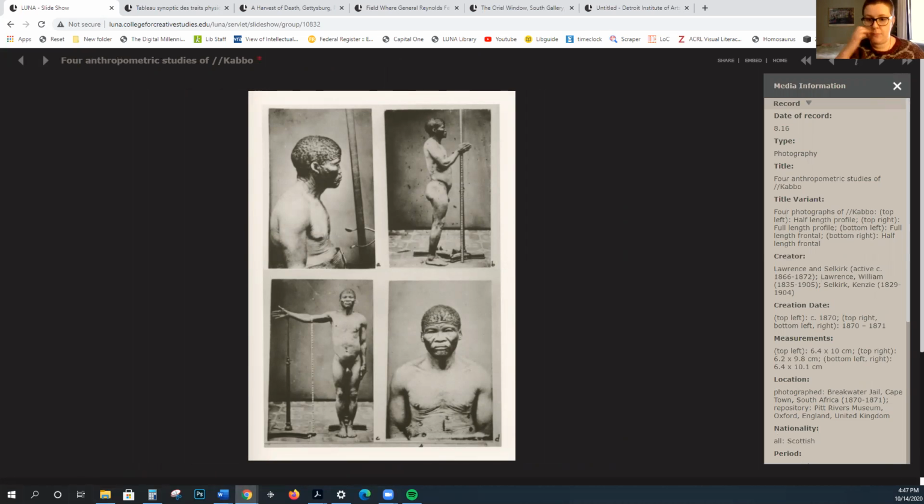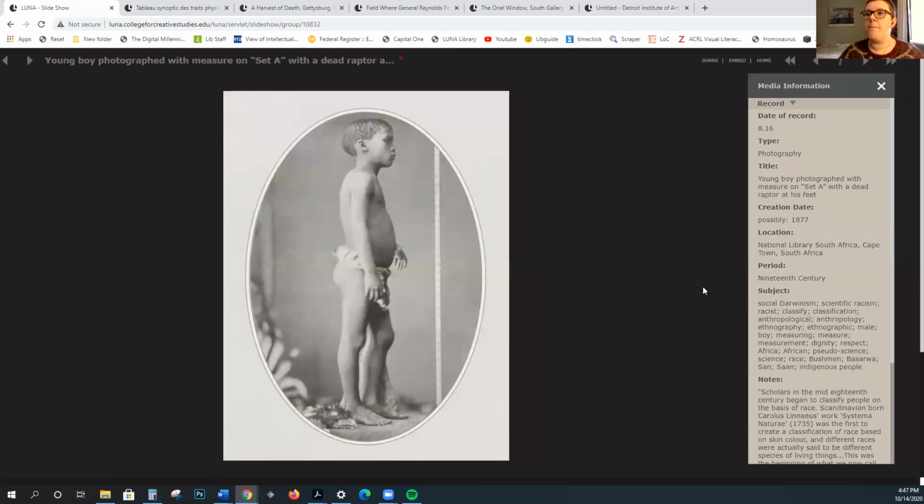You have standardized measurements, etc. And because you're using things like a camera, which is impartial, and because you're using things like measuring sticks and grids, these are seen as objective documentation.